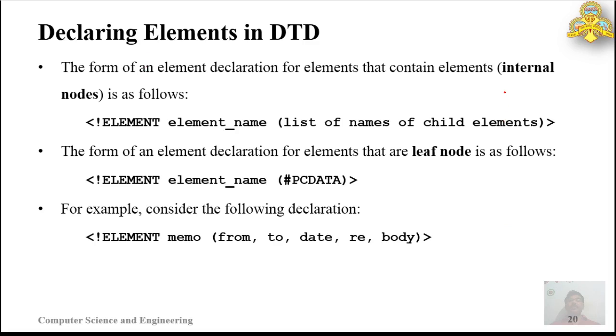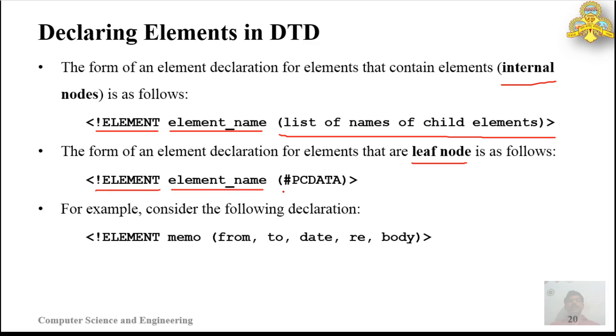If the element that we are defining is an internal node type, then it is declared like this: ELEMENT, name of the element, and list of child elements. If it is a leaf node, that means after that element no other sub elements, then it's declared like this: ELEMENT, name of element, and PCDATA. Here PCDATA stands for parsable character data.